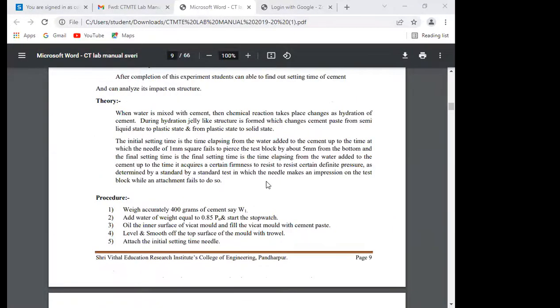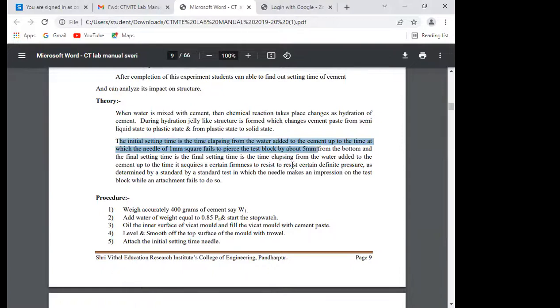So what is the initial setting time? It is the time elapsing from the water added to the cement up to the time at which the needle of 1 mm square fails to pierce the test block by about 5 mm from the bottom of the particular mold.